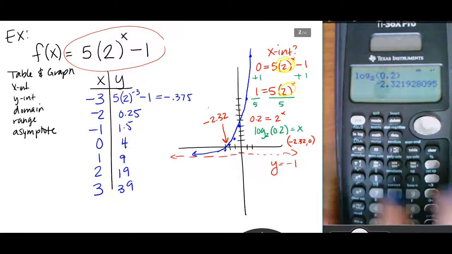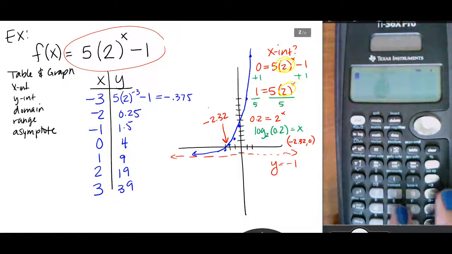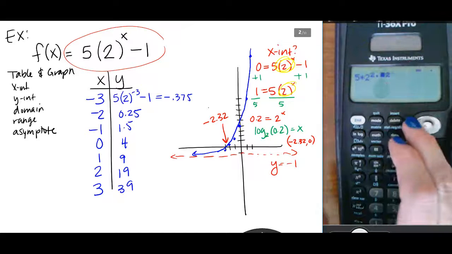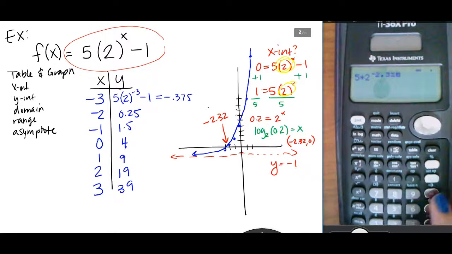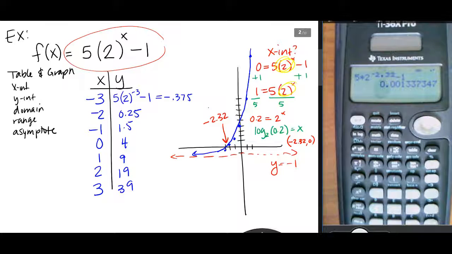And if I wanted to double check that, I could even plug back in to my original equation, negative 2.32, minus 1, and we get out something that's very close to 0. So that's our x-intercept. Our y-intercept, well, we can see that right on our table, right on our graph. So that is 0 comma 4. No reason to do any math there.